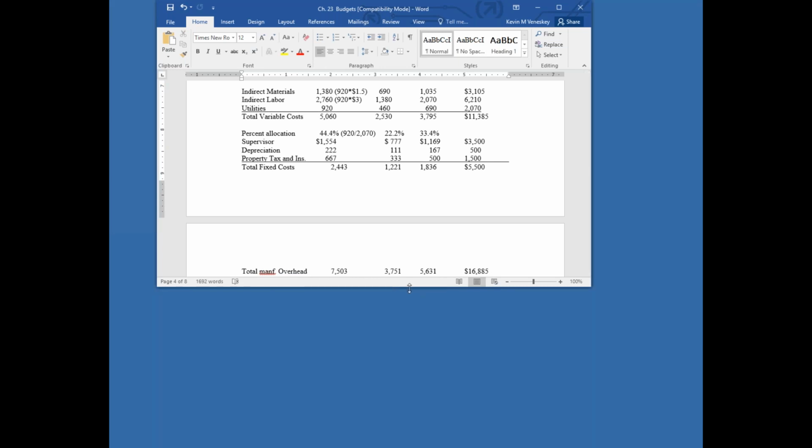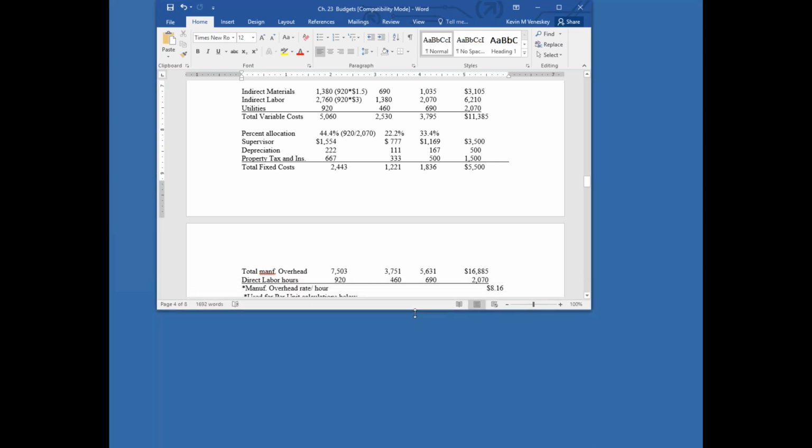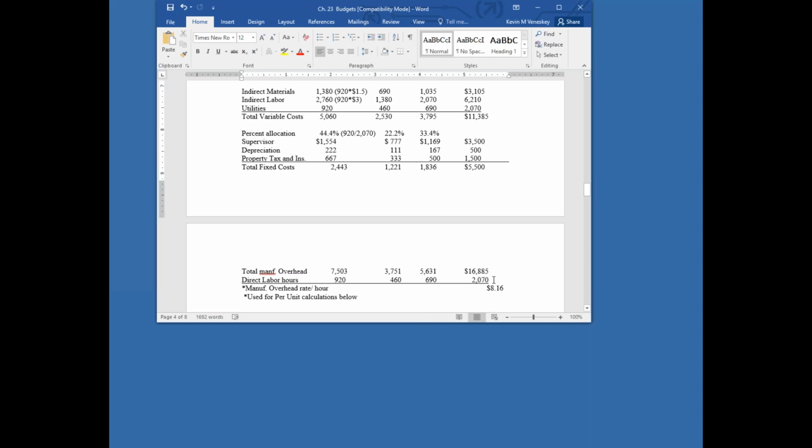And all I want to do now is get an overhead rate that says for every hour that you use, remember there was 2,070 total, you should tack on $8.16 of factory overhead expenses. You're going to need to be entitled to that. So however many hours you use in the sewing department, that's how much will go per hour to your department, to your clothing line. $8.16. We're going to use this again coming up.